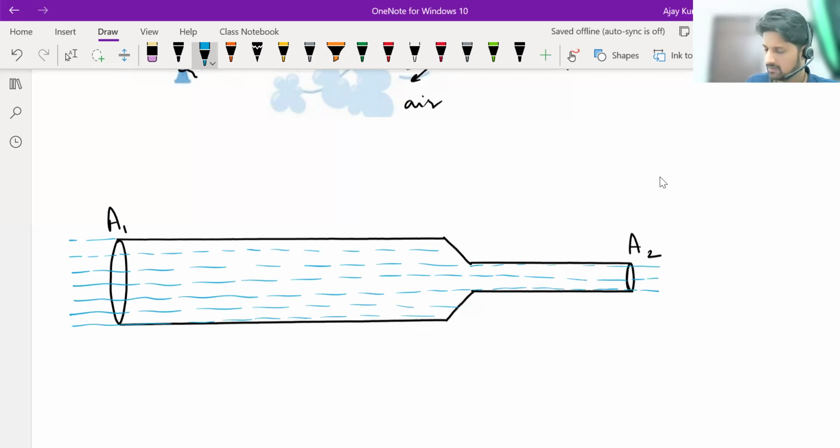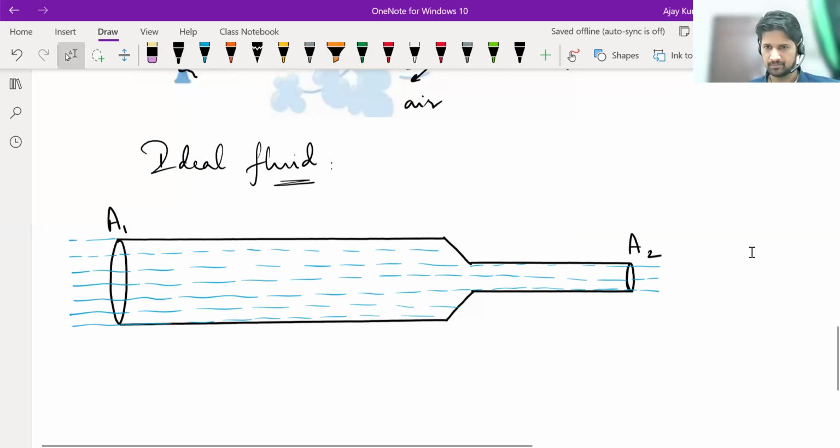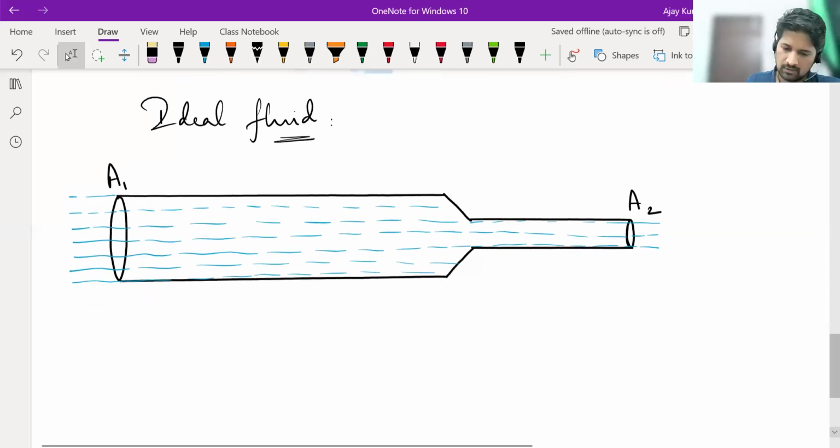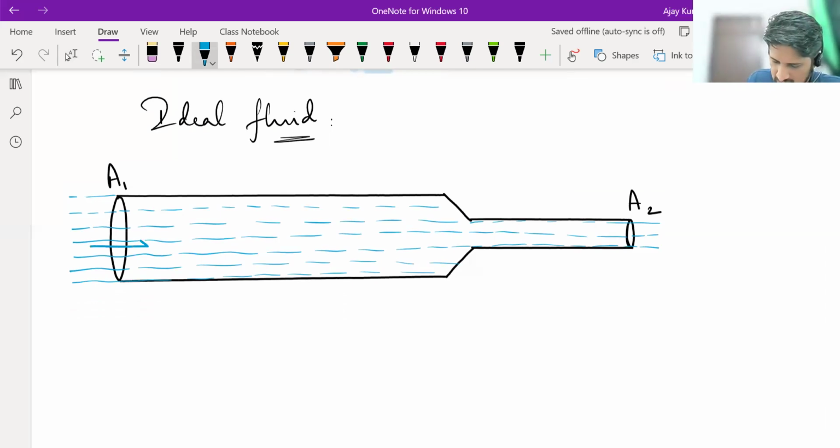Now we are still dealing with ideal fluids. Ideal fluids are incompressible. Could be a liquid, could be a gas, but an ideal fluid is incompressible. So suppose there's an ideal fluid flowing through this tube. Let's say the speed of flow here, where the cross section is broad, is V1. And where the cross section is narrow, assume the speed of flow is V2.